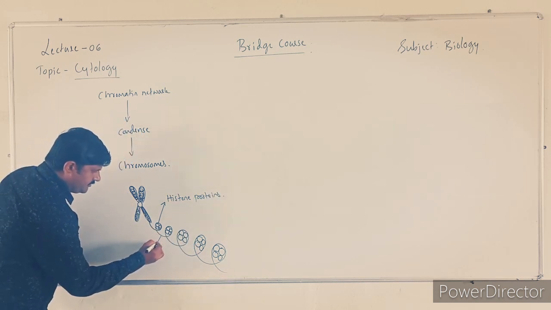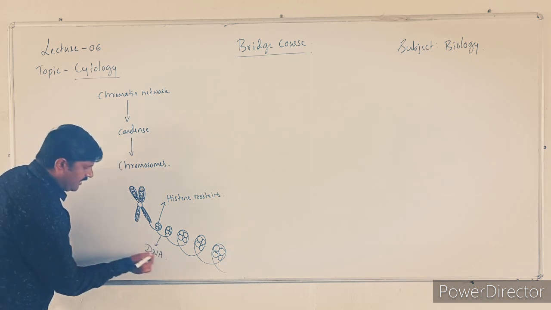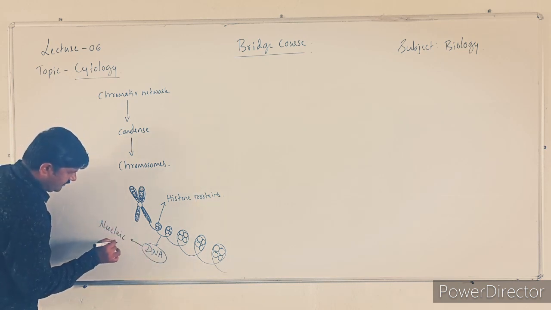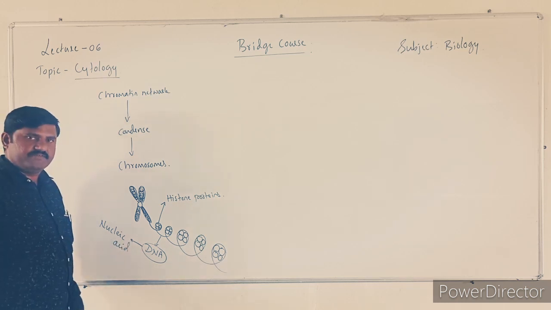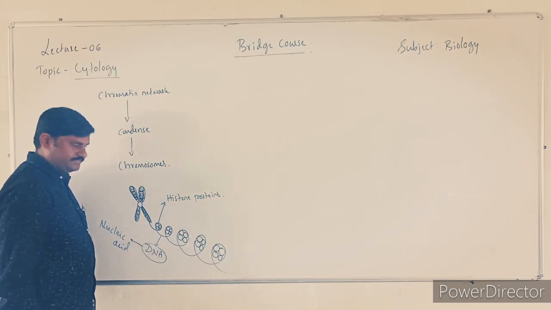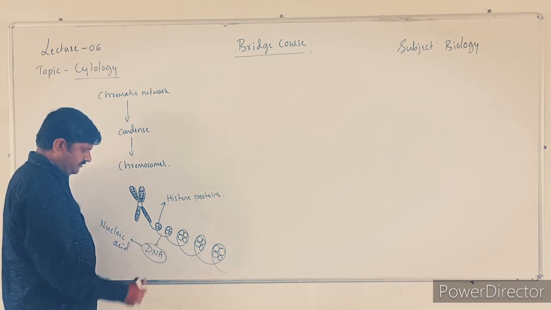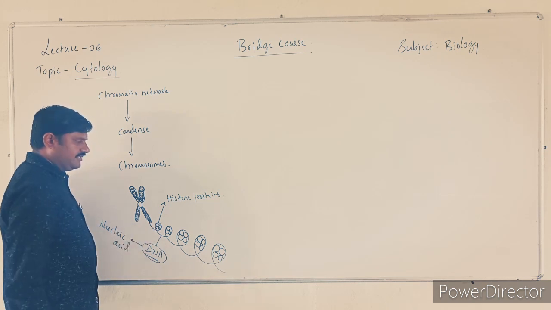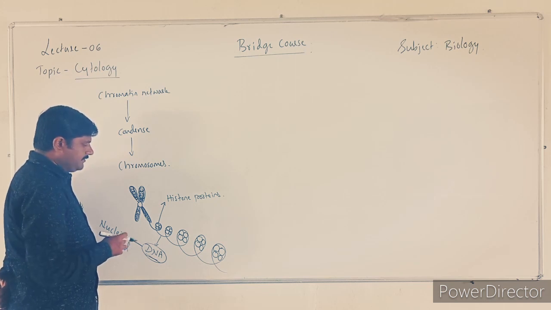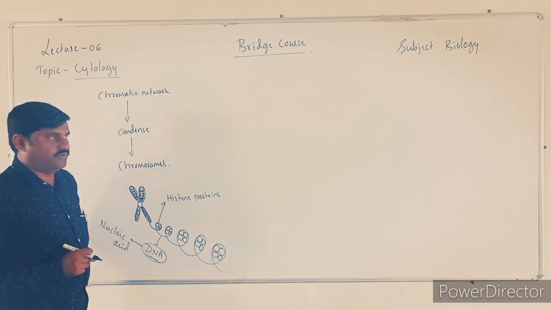Along with histone proteins, there is a thread-like material called DNA. DNA itself is one type of nucleic acid, and this nucleic acid is associated with histone proteins. Hence, this structure itself is called nucleoprotein. DNA is associated with proteins, hence they are called nucleoproteins. Right? So this kind of structure you will find in the structure of a chromosome.